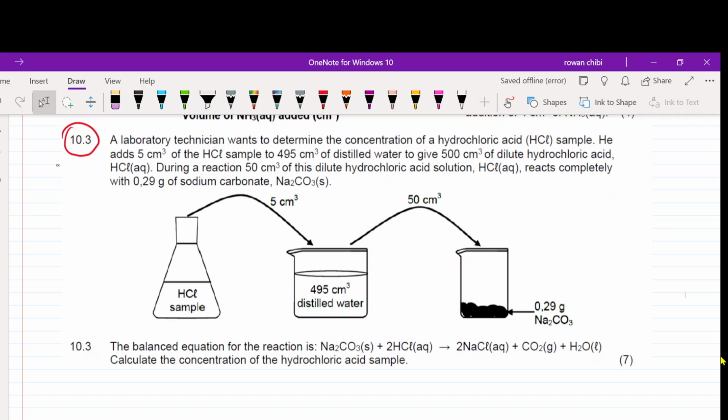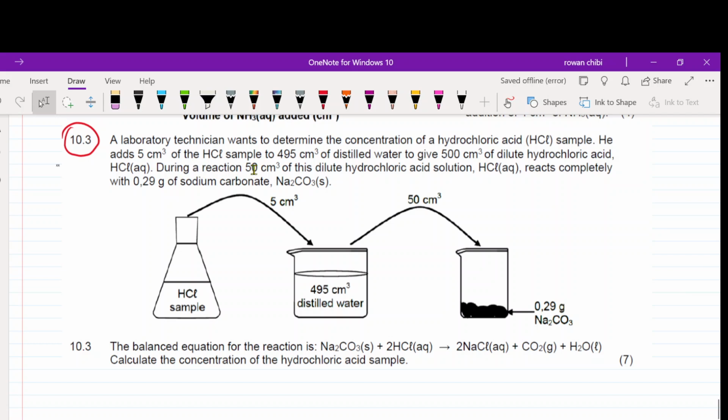So question 10.3 is saying now a laboratory technician wants to determine the concentration of the hydrochloric acid sample. He adds 5 cm cubed of the HCl sample to 495 cm cubed of the distilled water to give 500 cm cubed of a dilute hydrochloric acid.